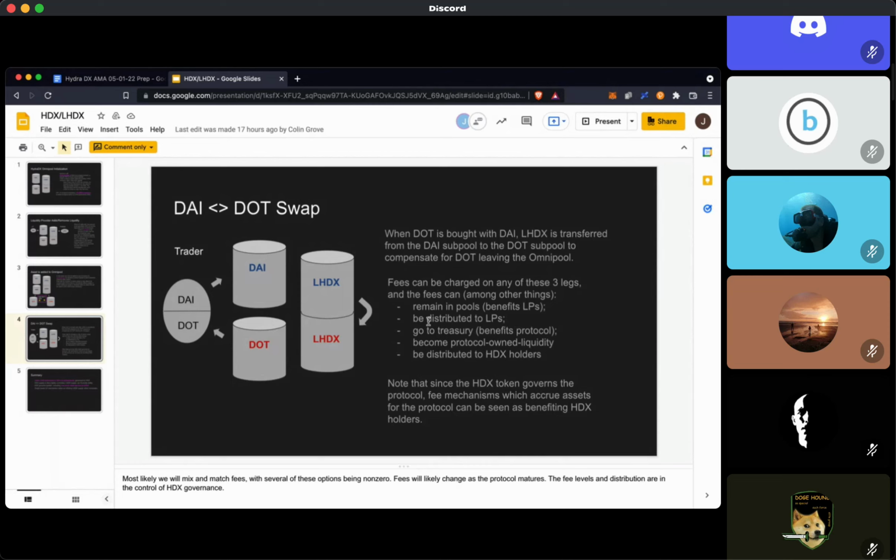because the Substrate governance modules or runtime upgrades in any Substrate chain are so powerful that you can choose everything.